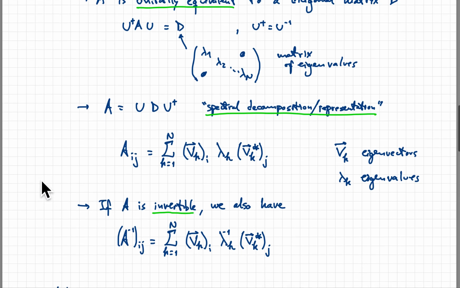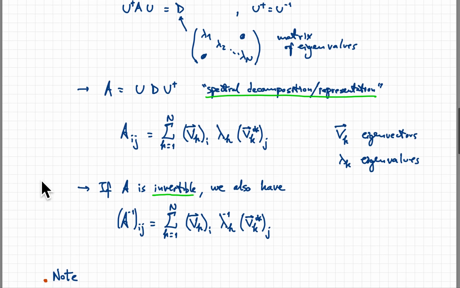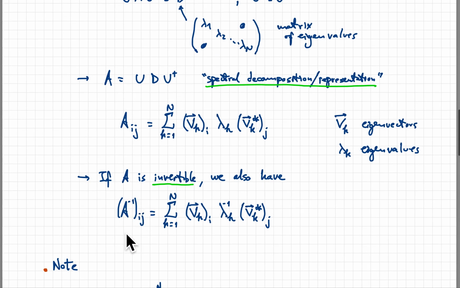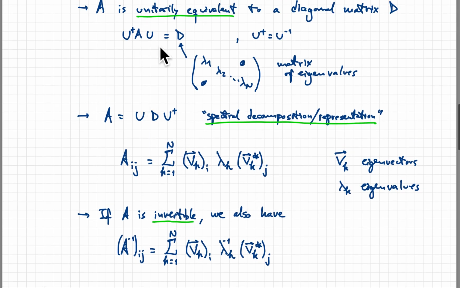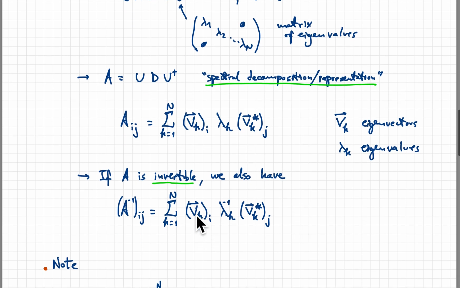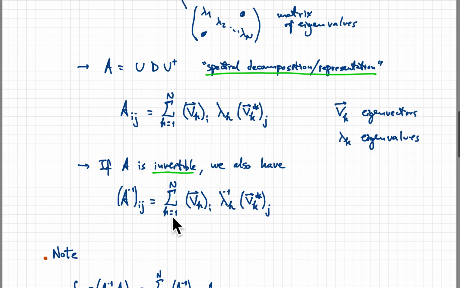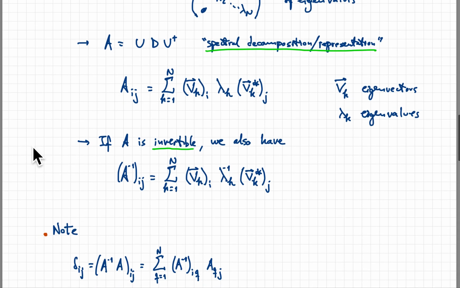But if none of the eigenvalues are zero, then A is invertible, and we can write A inverse element ij in this way. It's basically the same expression as before, and it comes from the spectral decomposition. It's eigenvector k element i, eigenvector k star element j, and then lambda k inverse sandwiched in between, summed over all k's from 1 to n.